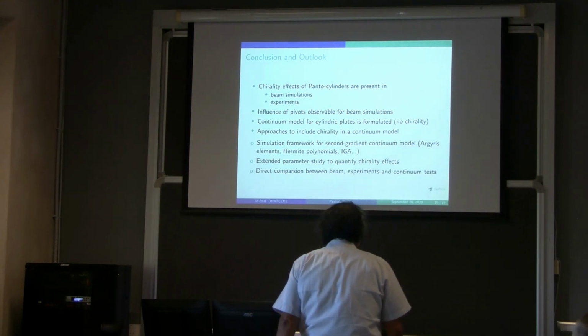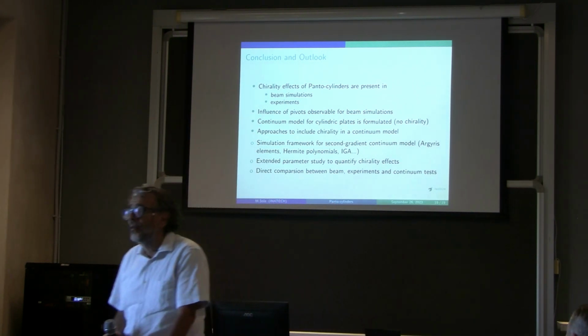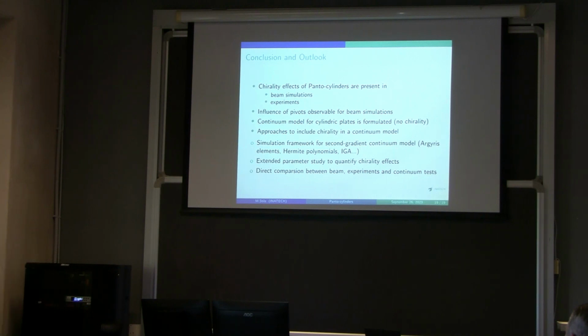They were not so much present in the experiments yet, but maybe because the difference between the elastic and the perfect pivots is not so big. The continuum model is still under construction, but basically everything is there. I just need to assemble it. Maybe there could be a new approach to the chirality than before, but there's already a viable method to follow.